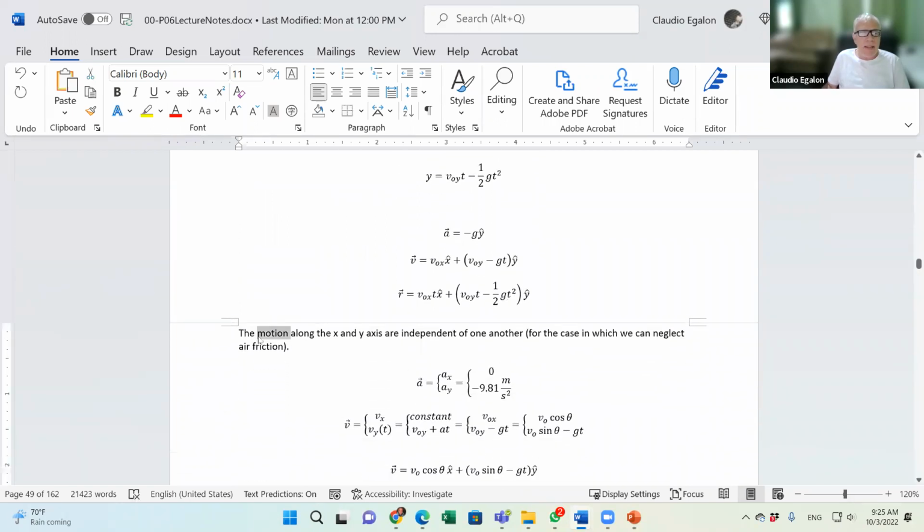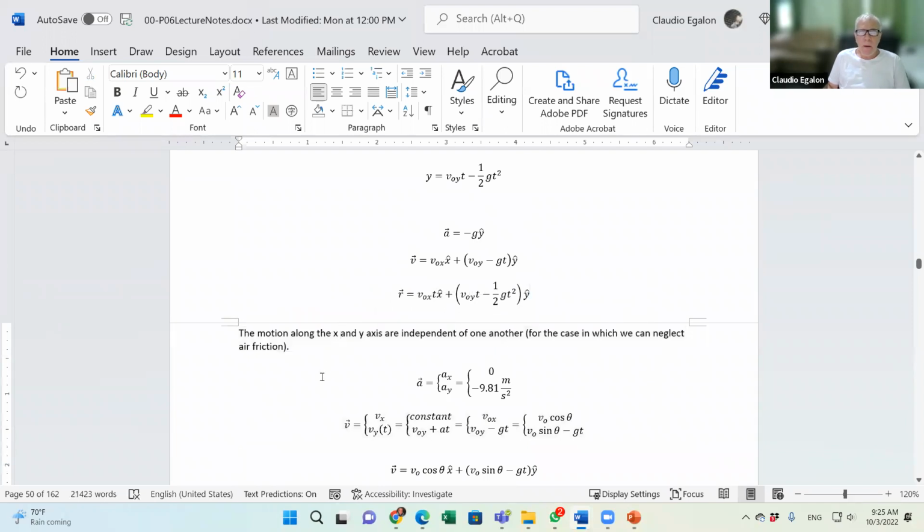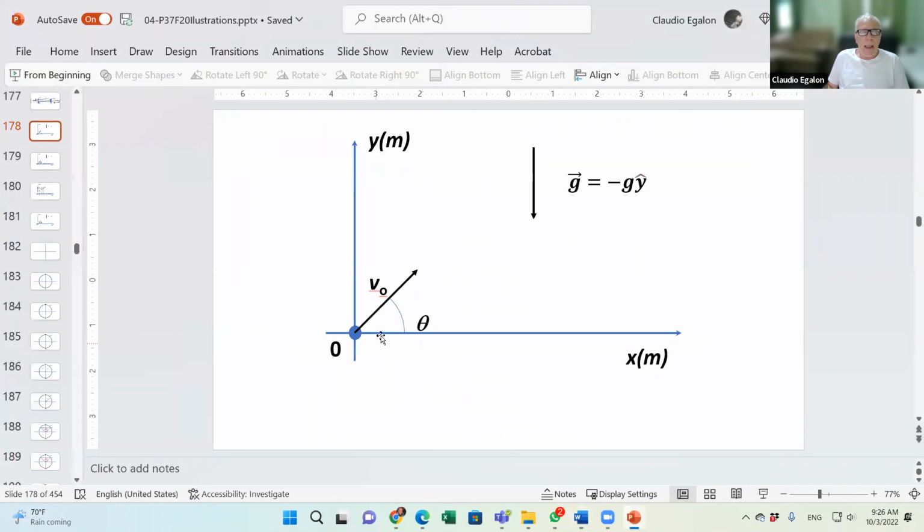The important thing is that the motion along the x and y axes are independent of one another. That's for the case in which we neglect air friction. Throughout here, we're neglecting air friction all along. If I want, I can rewrite my v naught x in terms of the angle theta, and that's what I did here. Along the x direction, we have v naught cosine of theta.